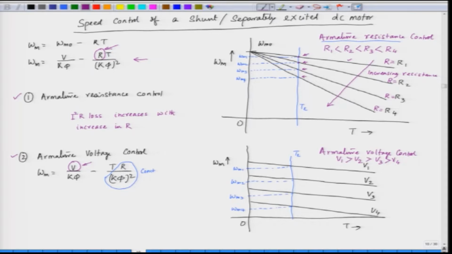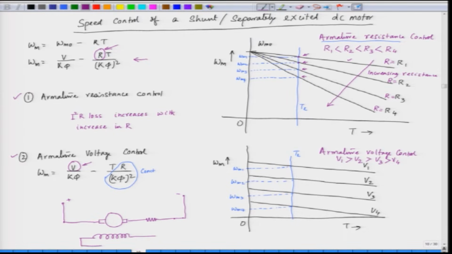The applied voltage when we change, if you remember, this was the motor, and we have the field here, and we apply the voltage here V, but in this case this is a separately excited motor, we excite the field separately.